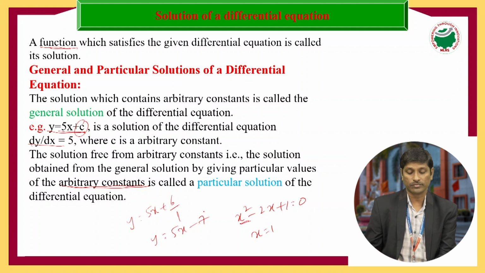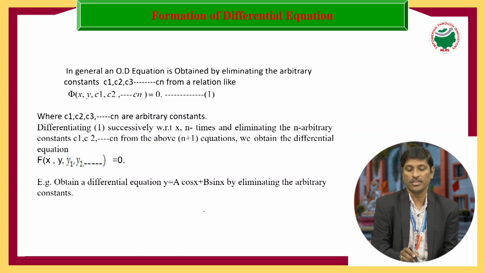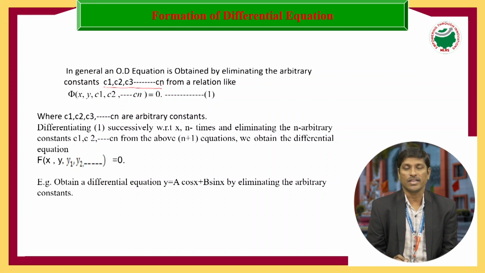And next, formation of a differential equation. How to form a differential equation from the given equation? Like some equation they will give. So from that equation, how to form a differential equation? For this, in general, an ordinary differential equation is obtained by eliminating the arbitrary constants C1, C2, C3 and so on, Cn.